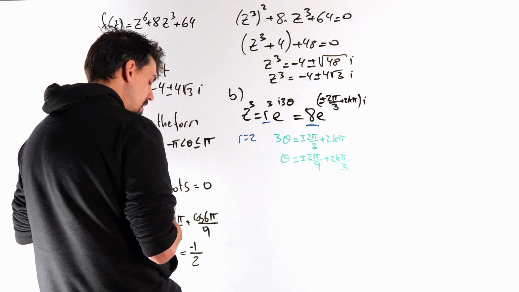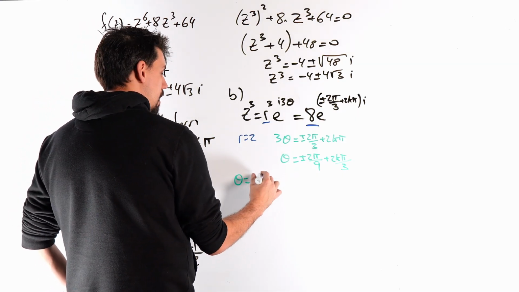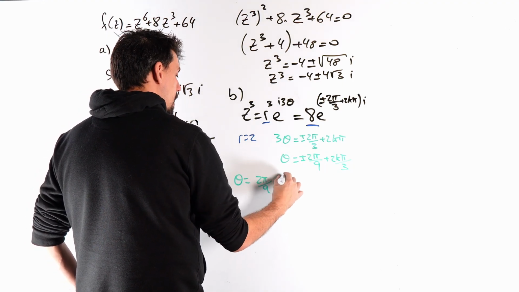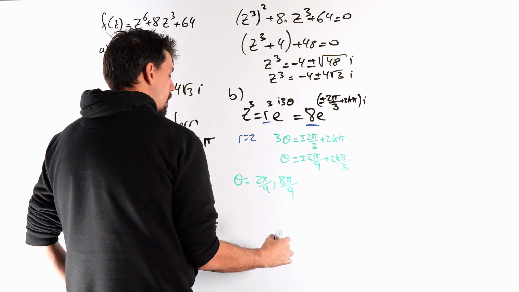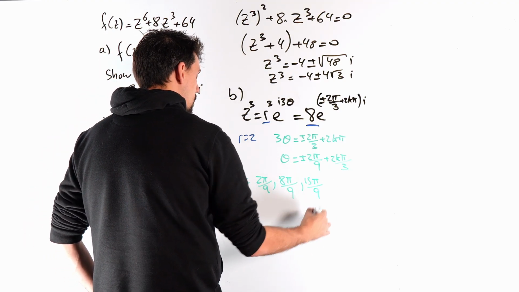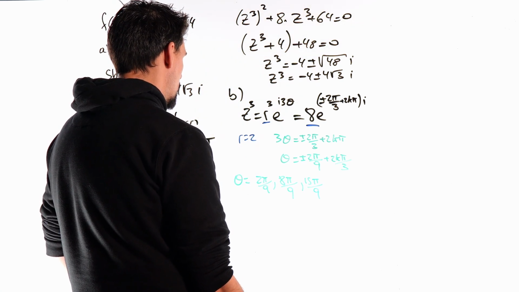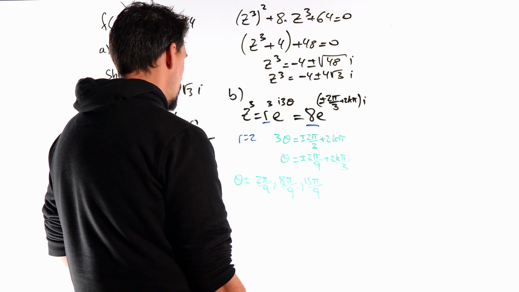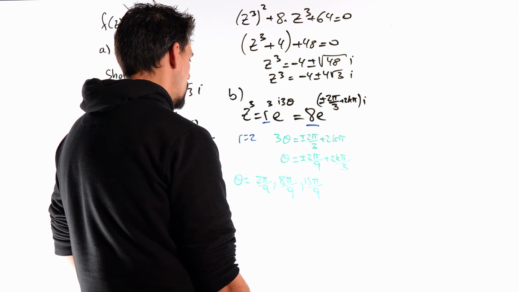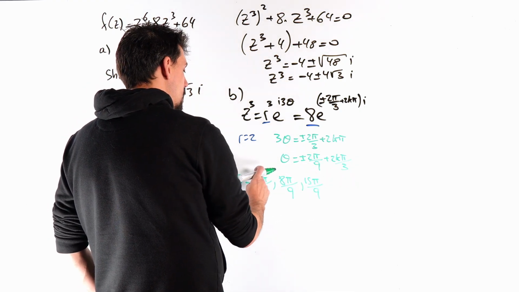So the different values of theta that I want are 2 pi over 9, 8 pi over 9, 15 pi over 9. So if I add another 6 to that, has that gone wrong? 2k pi over 3 is 6 pi over 9. 2 plus 6, 14.